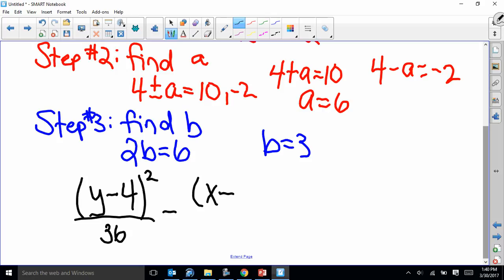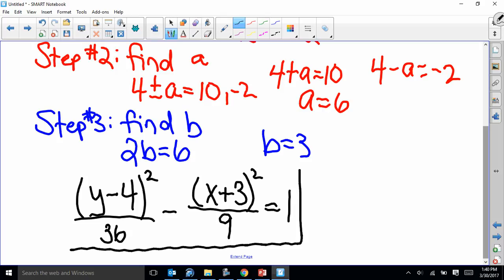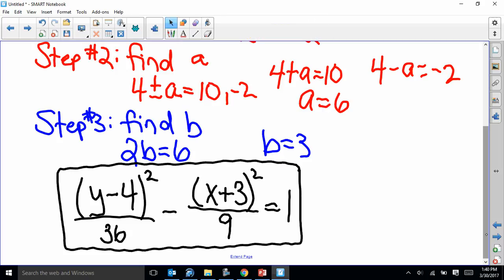Negative 3, so (x plus 3) squared over b squared, which is 9. This is the equation of the hyperbola that gives us the above characteristics. All right, questions there?